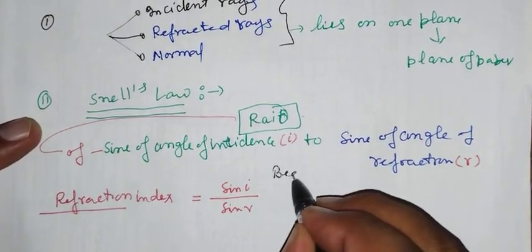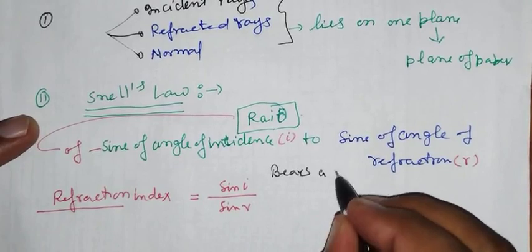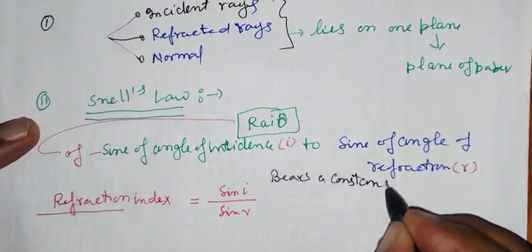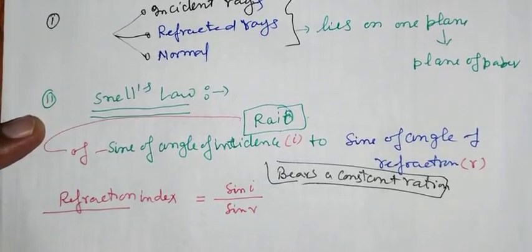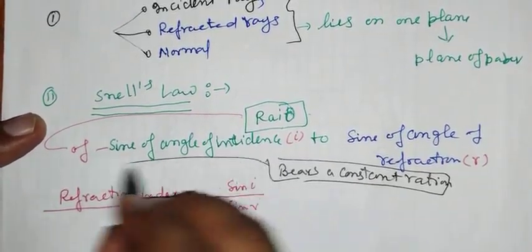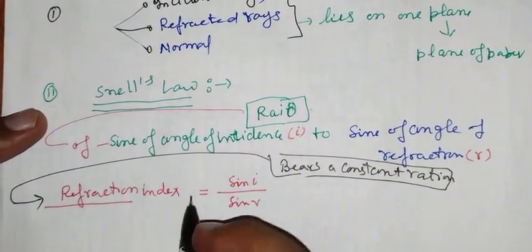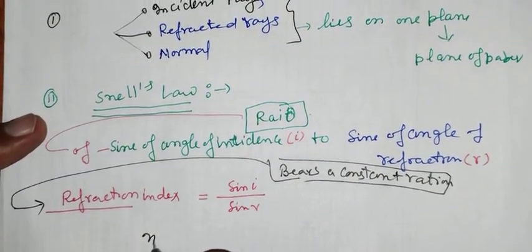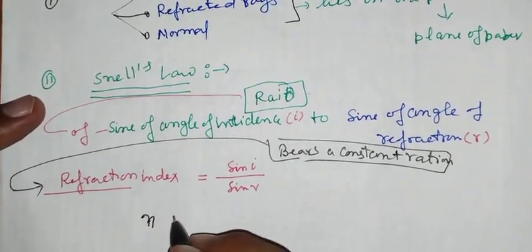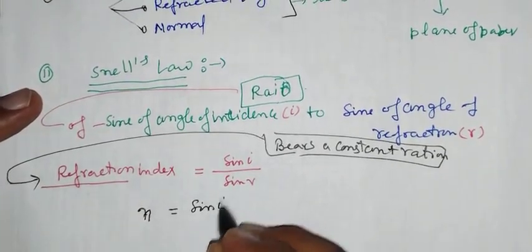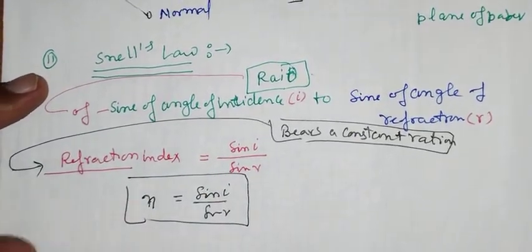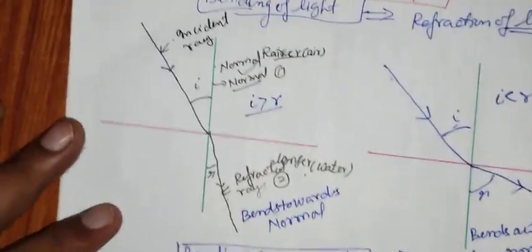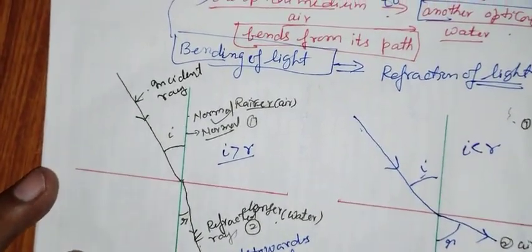See, this constant ratio is called refractive index. This refractive index is denoted by small letter n. It is equal to sin I by sin r. Right? When we take the first diagram here, suppose this is diagram first A.